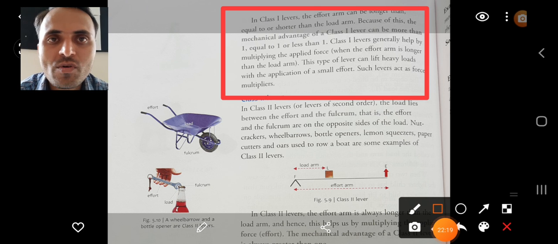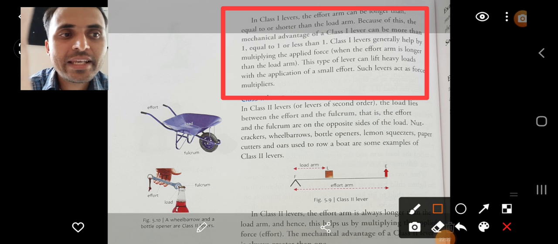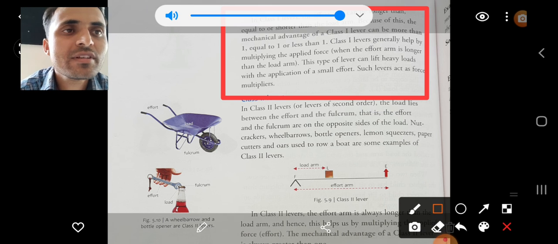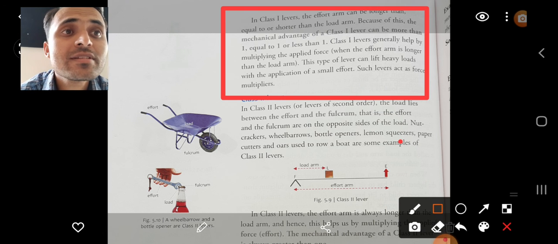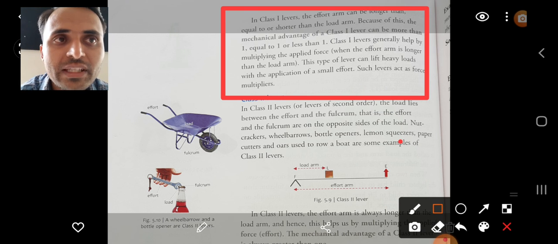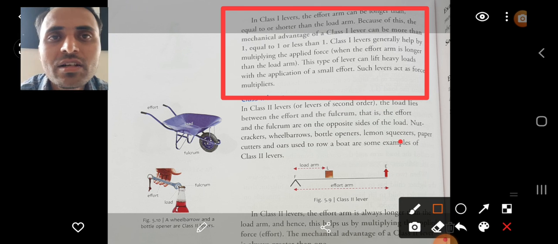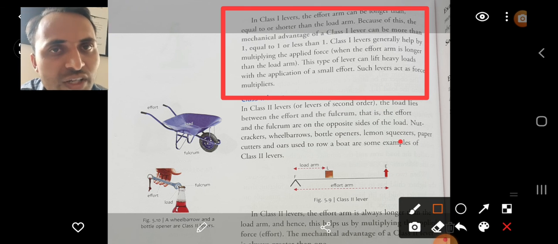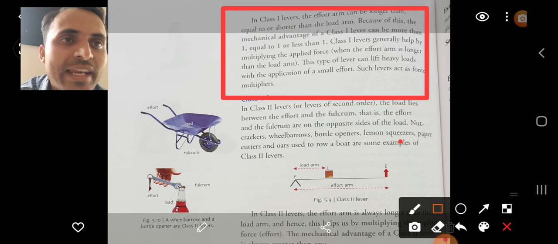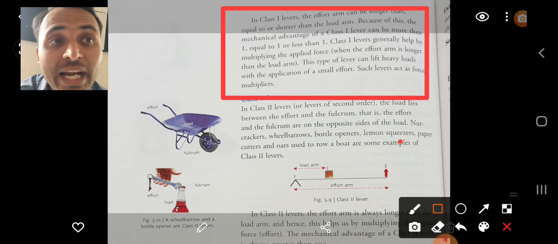Okay students, what is the interesting fact regarding the class 1 lever? In class 1 lever, the effort arm can be longer than, equal to, or shorter than the load arm. So the value of the mechanical advantage varies. It is equal to 1, less than 1 or greater than 1.